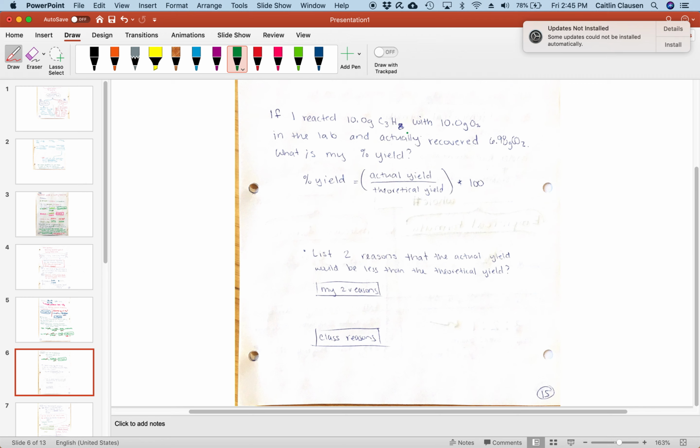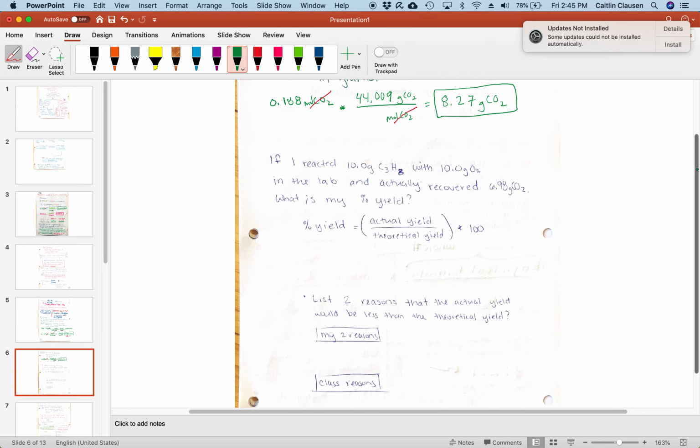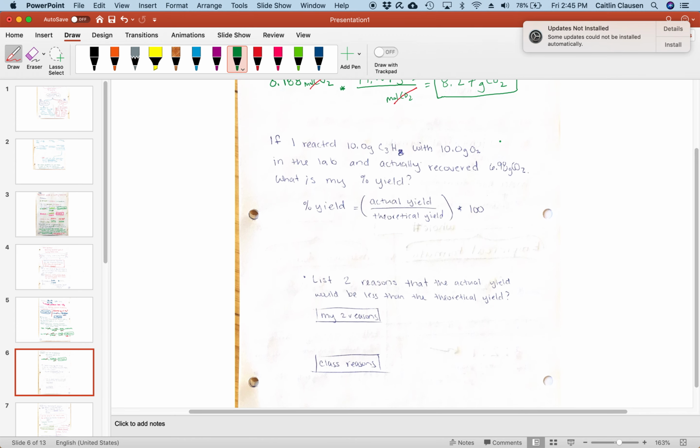So if I reacted 10 grams of propane with 10 grams of oxygen in the lab, and I actually only recovered 6.98 grams of CO2, what is my percent yield? Percent yield is comparing what you actually got, how close or far away is it to your theoretical yield.